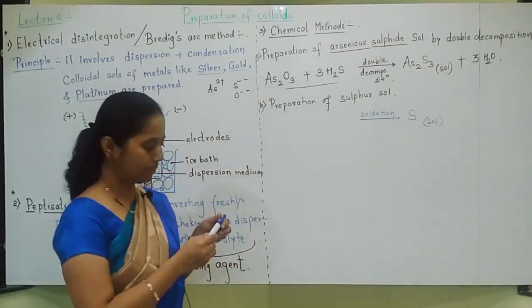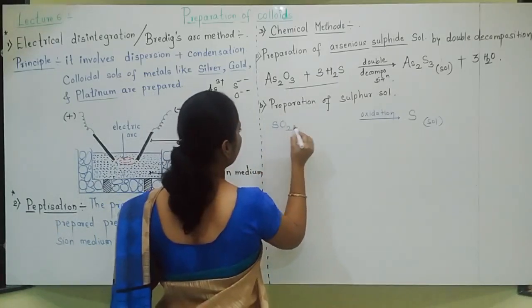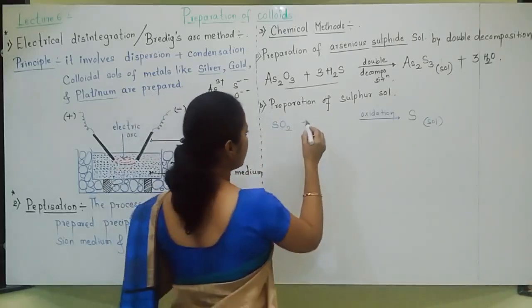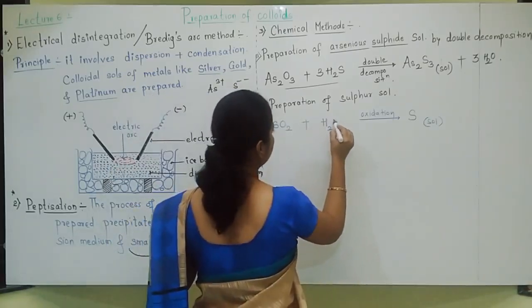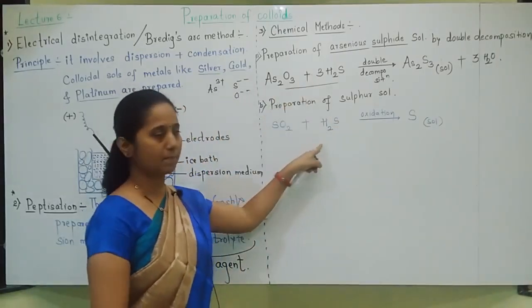Now sulfur sol is prepared from sulfur dioxide, SO2 plus H2S is passed. Okay, SO2 plus, similarly, H2S is passed.